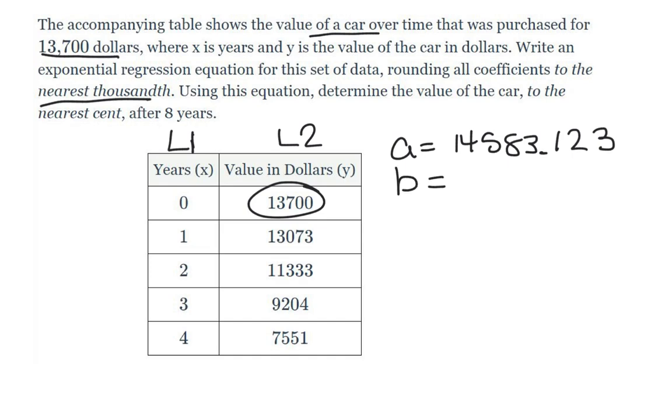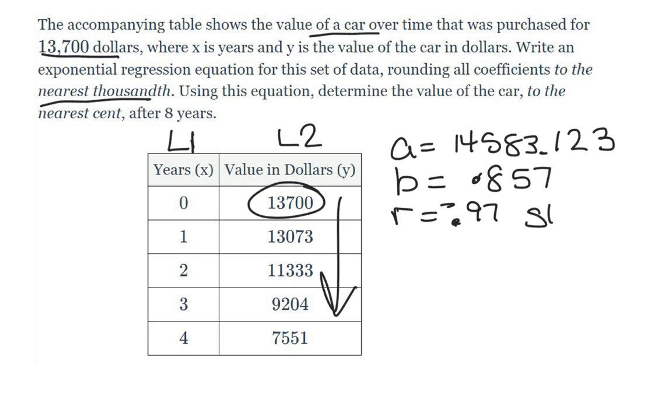And b equals 0.857. And our regression r was negative 0.97. And this is depreciating, right? So it has a strong negative.